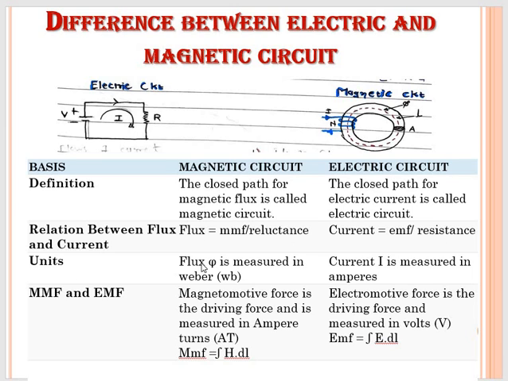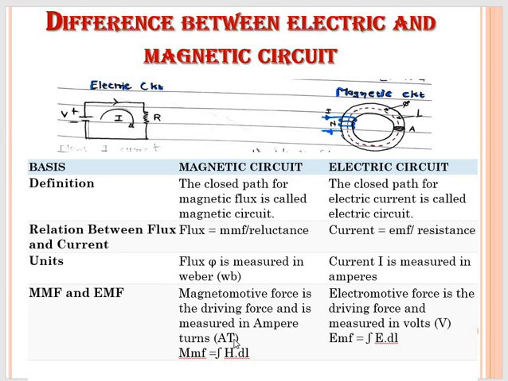Now the unit for flux. Flux is measured in Weber and it is denoted by Wb. Current I is measured in ampere and it is denoted by capital A. Now MMF and EMF. Magnetomotive force is the driving force and it is measured in ampere turns, denoted by capital AT.